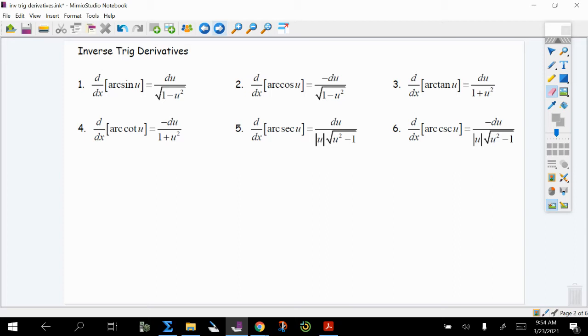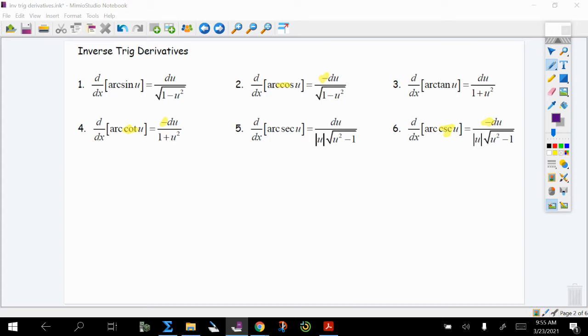What I mean by that is arc cosine and arc sine, except the co-ones are negative. So notice co-negative. Cotangent, negative. Cosecant, negative. Technically, there's 6 things on this screen, but you're really remembering 3: the arc sine, arc tangent, and arc secant, and realizing that its co-function is negative.